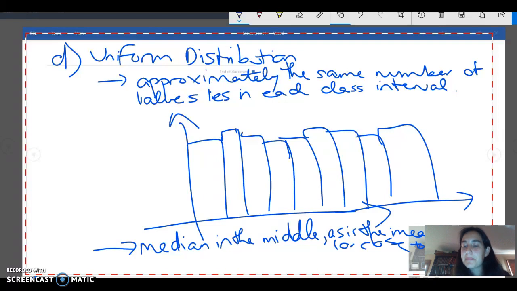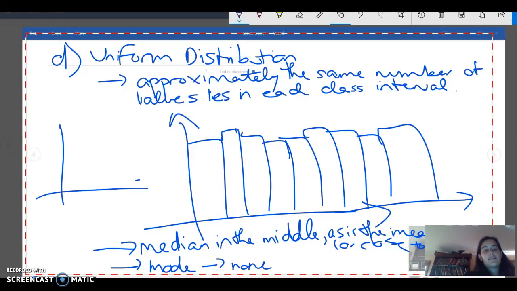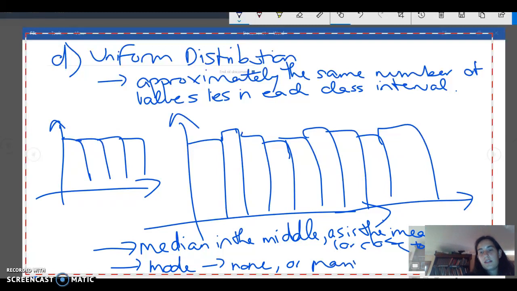Or close to it. And the mode, there'll either be none, so it will be completely flat, or there'll be many. So in this case, it looks to me like that.